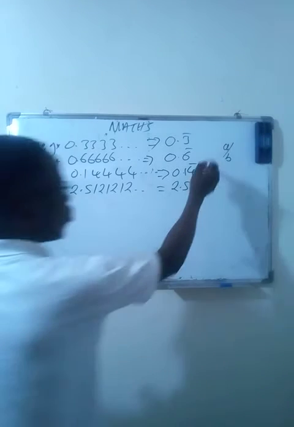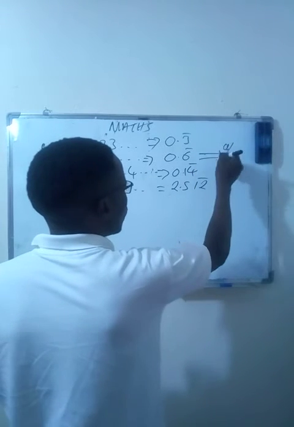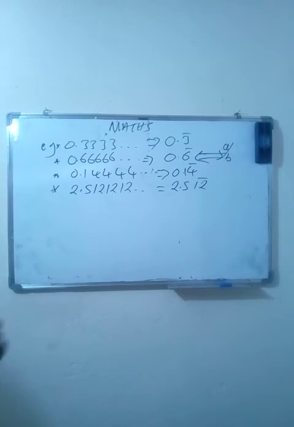So we can convert between these two forms, between a fraction and decimals. How can we convert those? There's a way in which we can convert each of those.